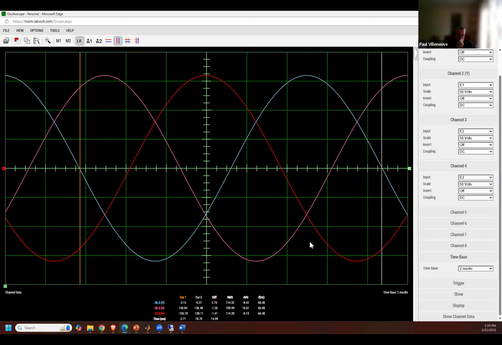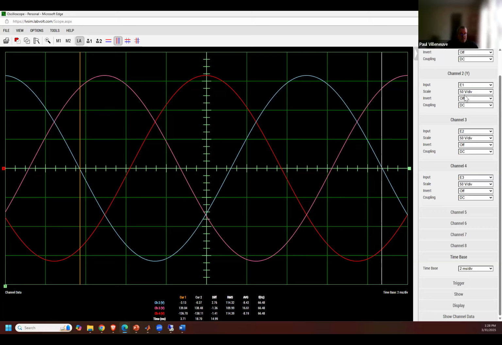It says it takes 14.99 milliseconds to go there. What's 1 over 14.99? It's about 66.848 hertz, right? And again, I'm not being perfect because this is real world and I don't have the exact devices to make it work. But that's how I end up with the data that I get there.